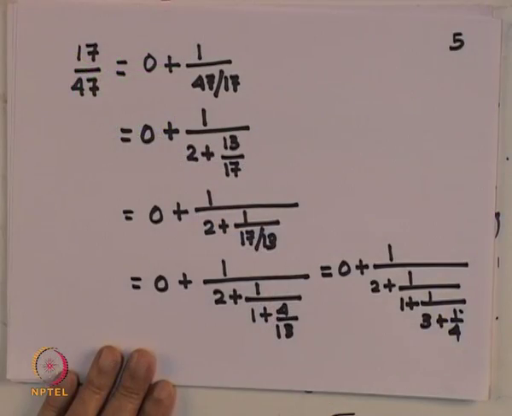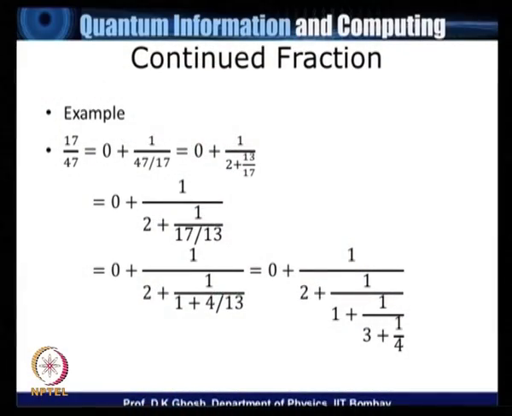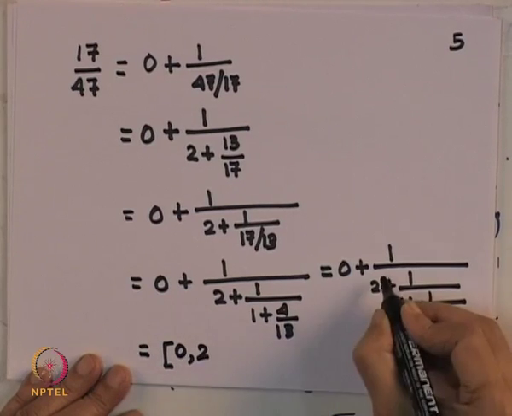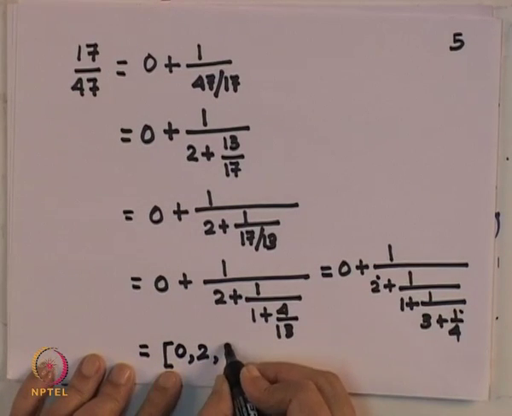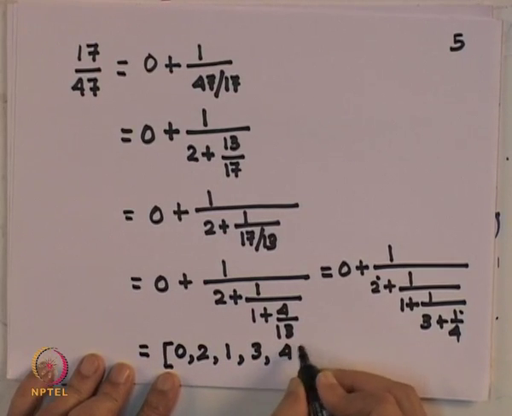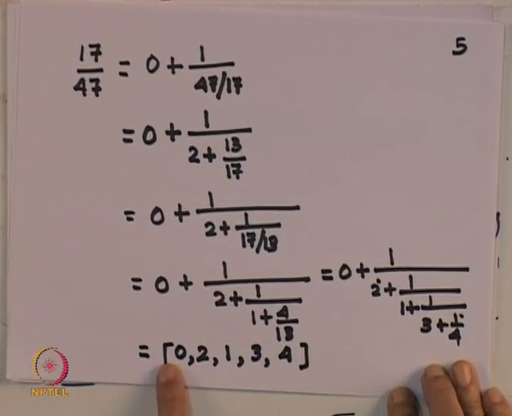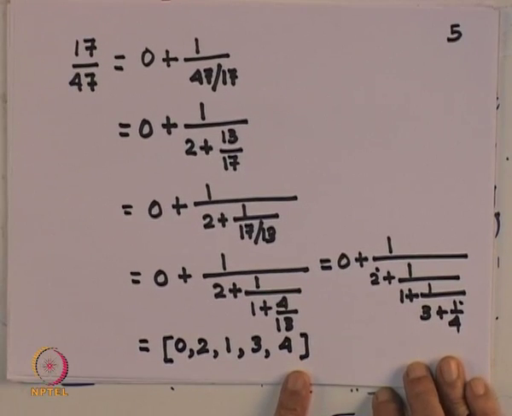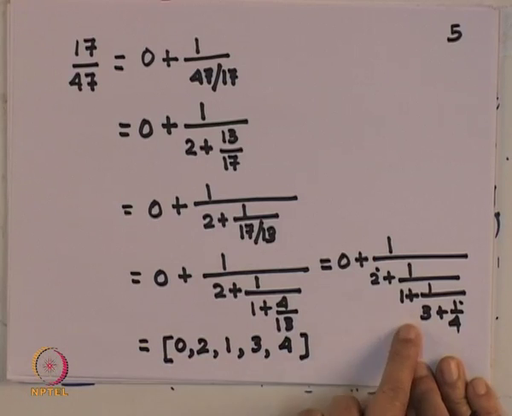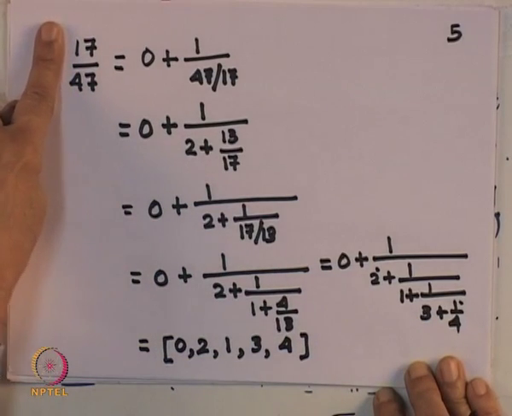And then I say that this number is expressed as 0, 2, 1, 3 and finally 4. So given this expansion, you know what it stood for.